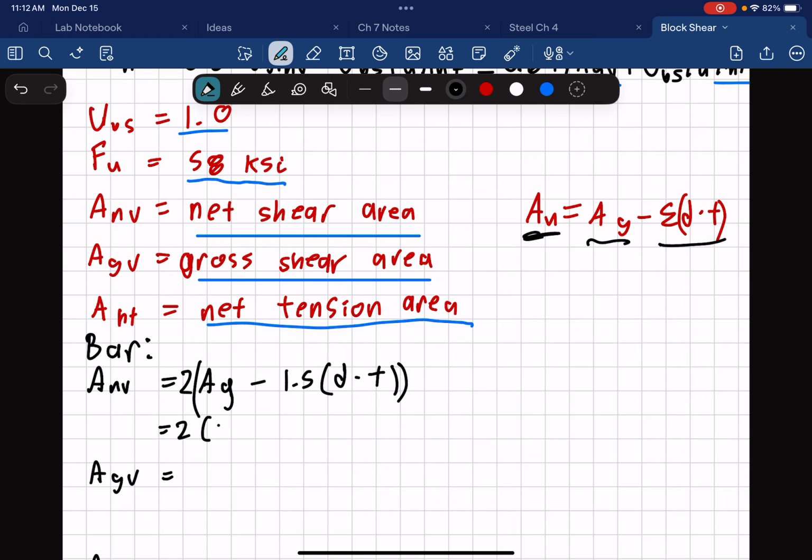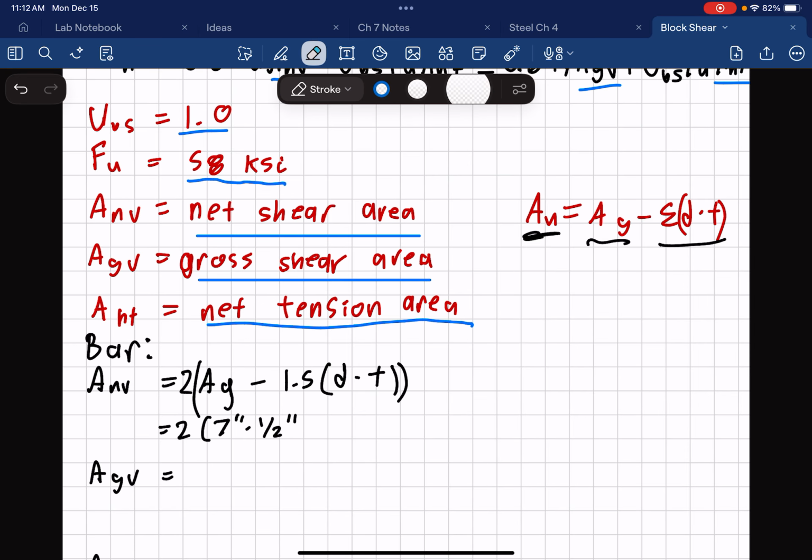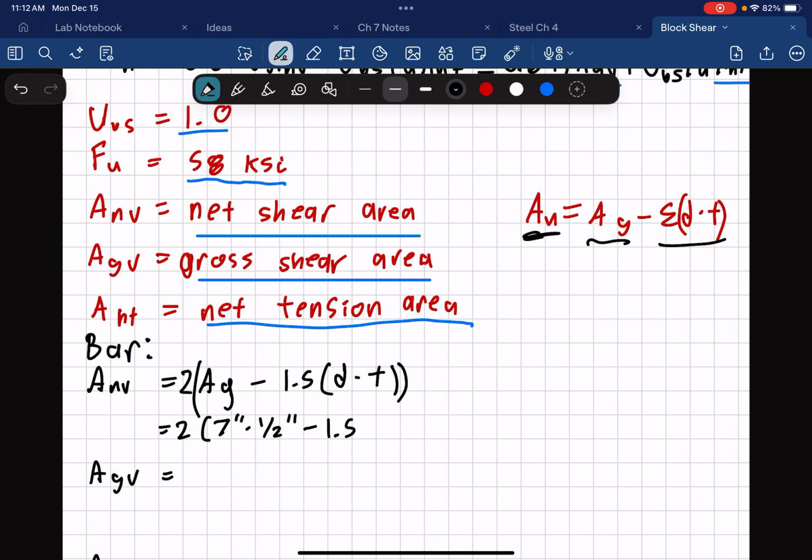It is a 7 inch by 1/2 inch bar. And we have 1.5 holes that are going to be a 1/2 inch bolt plus 1/16 for roughness, plus 1/16 for spacing, and then another 1/2 inch because we're dealing with thickness here.